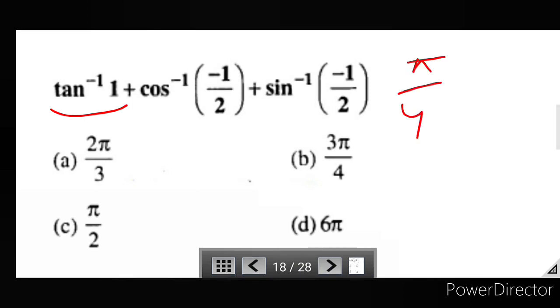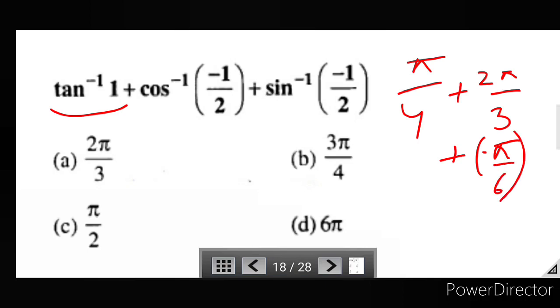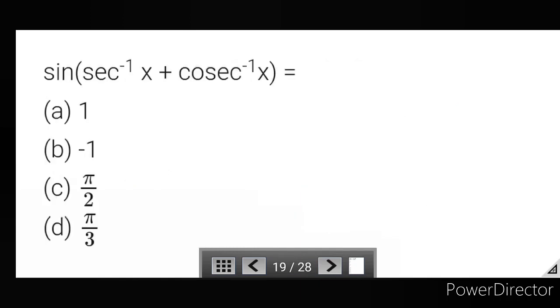Next is cos inverse minus 1 by 2, which is equal to 2 pi by 3. Next sin inverse minus 1 by 2, which is equal to minus pi by 6. Now solve this, we get 3 pi by 4. So B is right option.